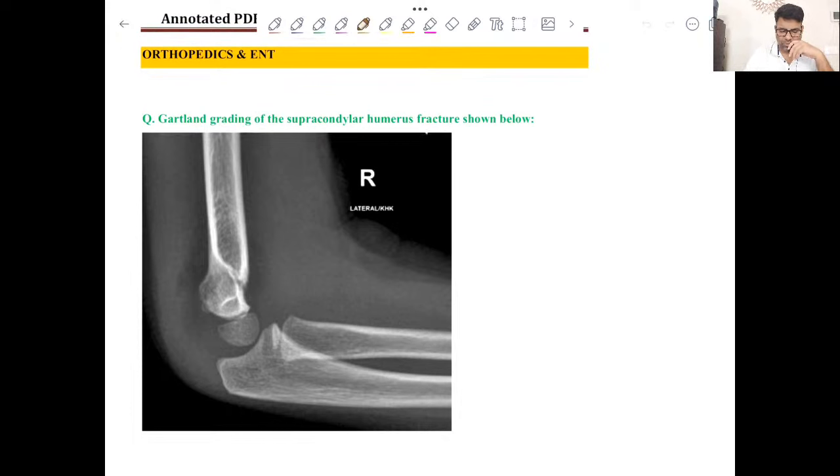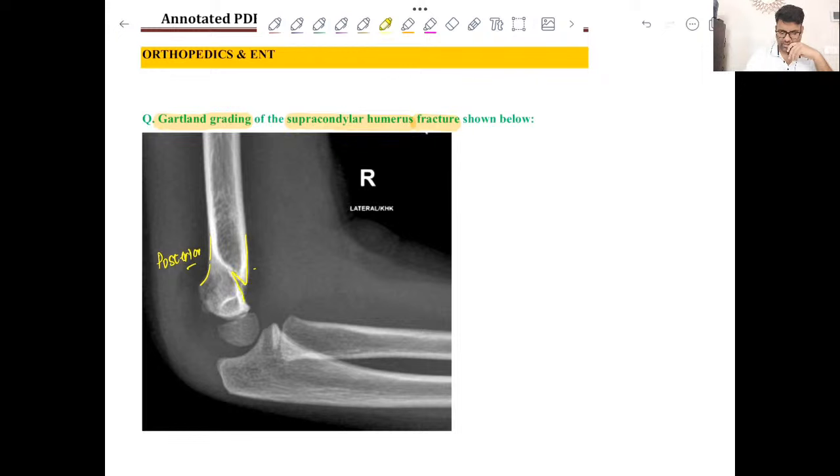Now, the very first question was about the Gartland staging for the supracondylar humerus fracture, which was shown in the X-ray. Now, if you look here, this is the posterior aspect, and this is the anterior aspect.